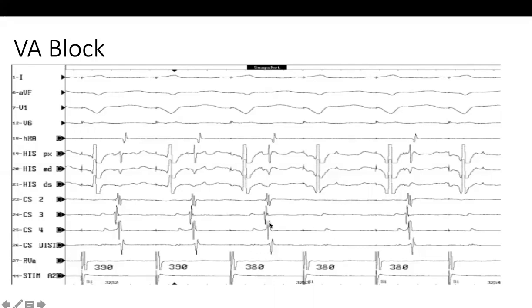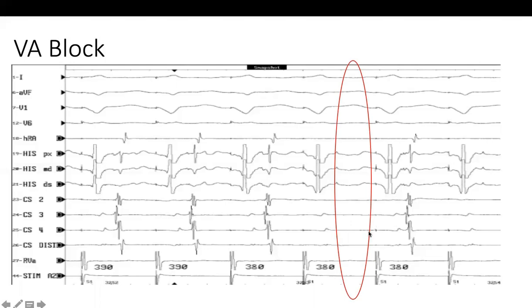The V to A interval is more or less the same. Then the next stimulus, the same 380 milliseconds. Here we see the V, but there is no A. We lost the A here.